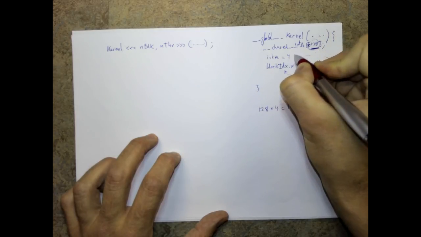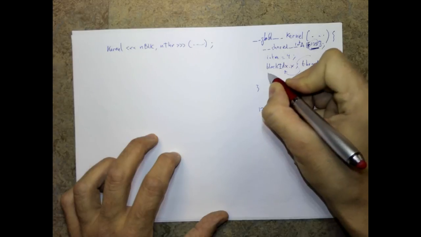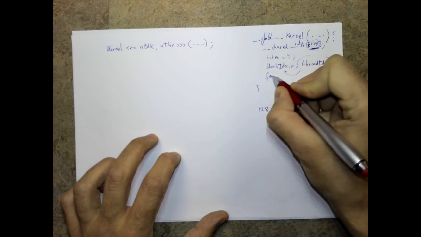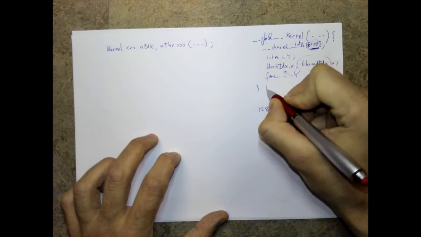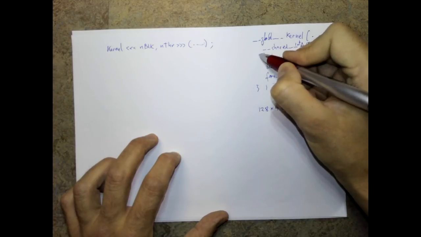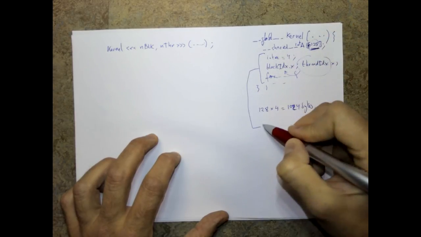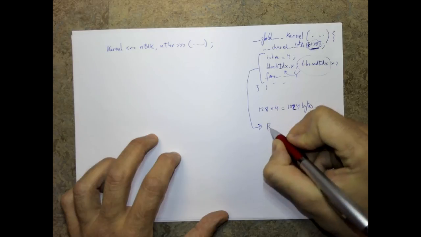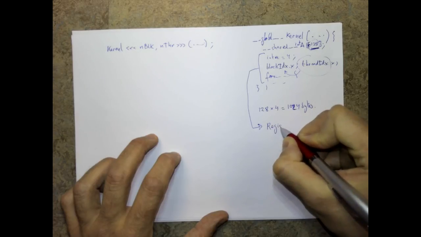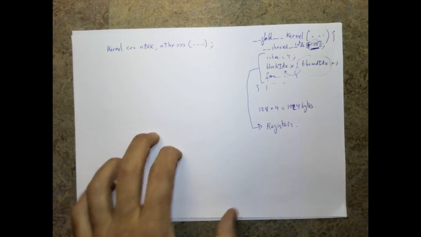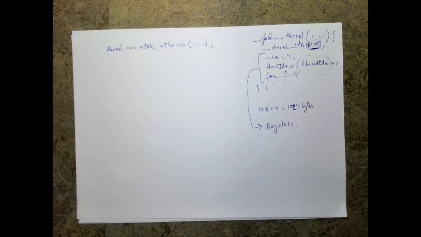But then here we will have many instructions. For example, int a equal 4, and maybe we have a for loop here. So here, the compiler will also find that we need a certain number of registers to execute this code. Okay? So that will also be a limitation.